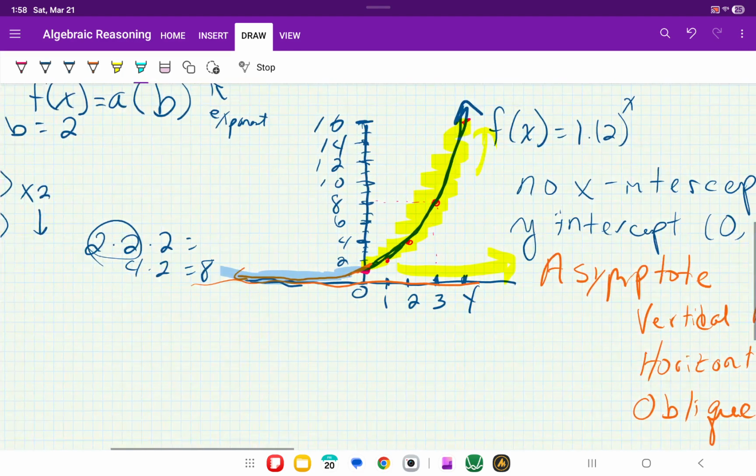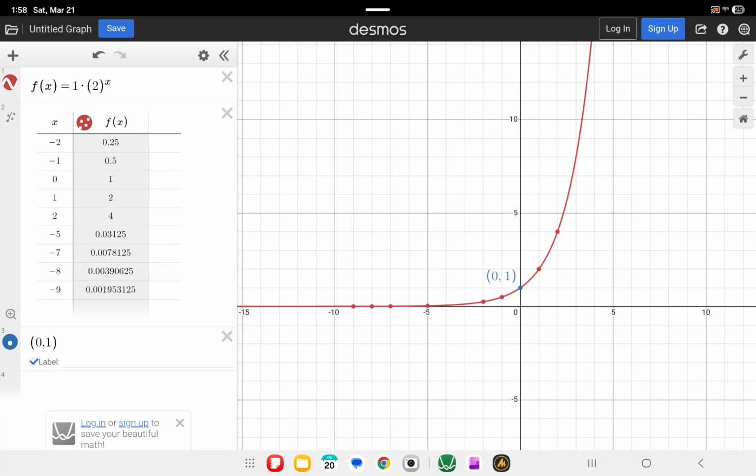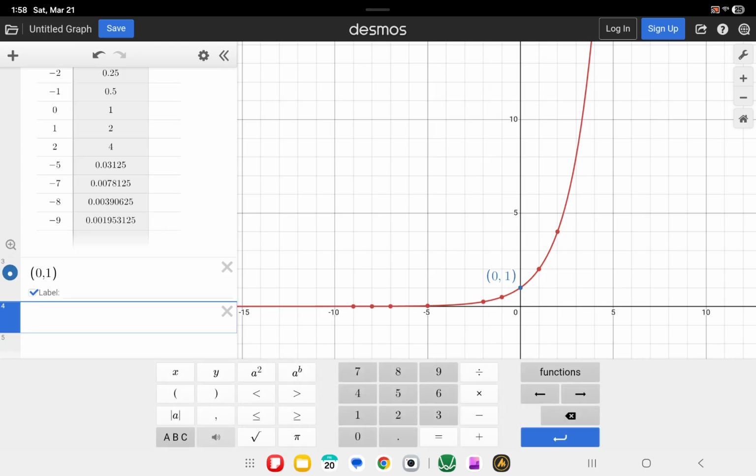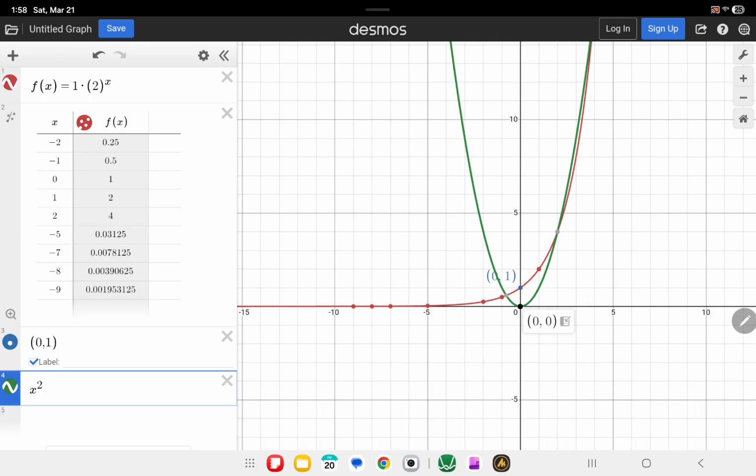Okay, and I'll show you the difference over here. I'm just going to graph something real quick. If I have something like x squared, you can see that we do have an absolute minimum right here at 0, 0. It is decreasing until we get to 0, and then it increases once we go past 0. And we are always talking about our maximums and minimums as we are reading our graph from left to right, from more negative to more positive.